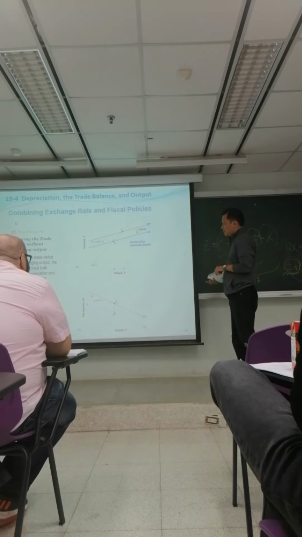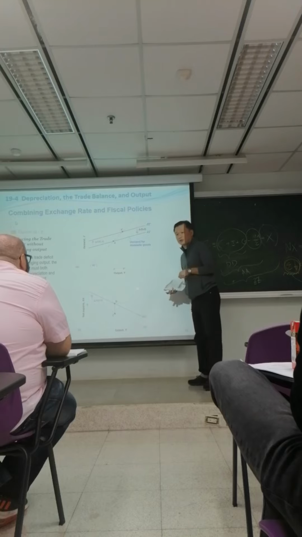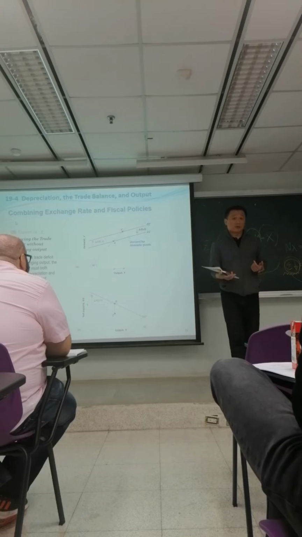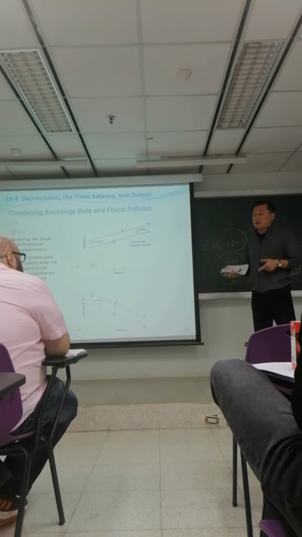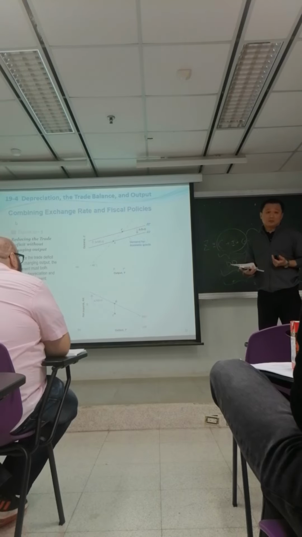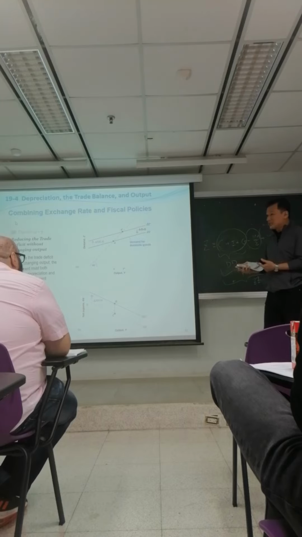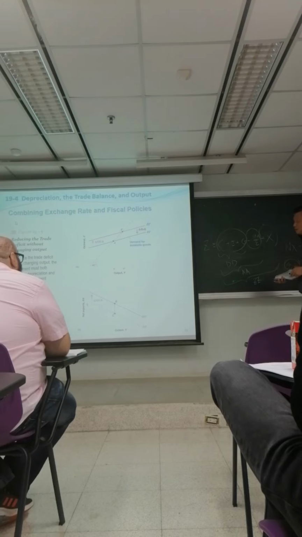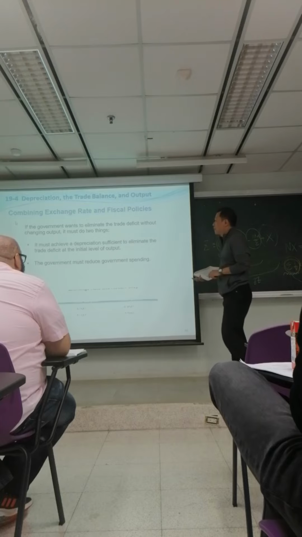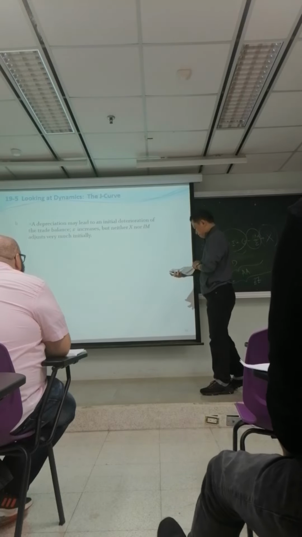Depending on how you draw the picture, you will find this is not a must. If you draw the picture differently, sometimes you do not need to change government spending, or sometimes you need to increase it. So this is just one example. If you are interested, you can draw your own versions of the pictures.